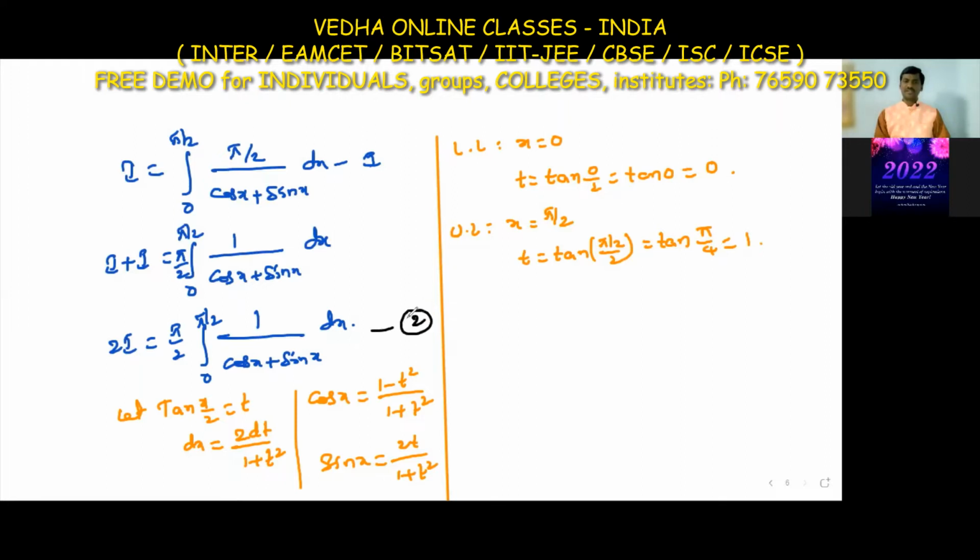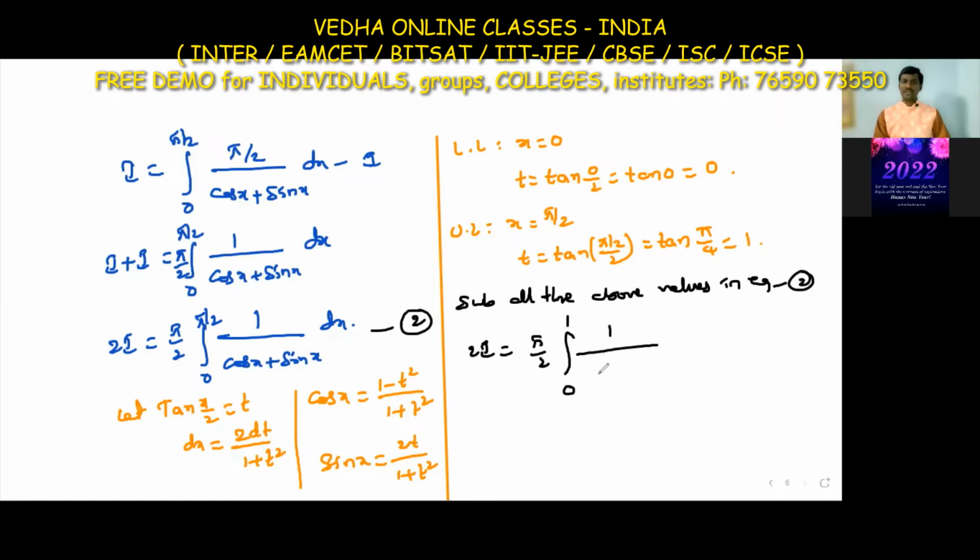Okay, so in equation 2, substituting all the above values in equation number 2, then what we get here: 2I is equal to pi by 2 coefficient as it is, integral of 0 to 1, and 1 divided by cos x replaced with (1 minus t square) divided by (1 plus t square), plus sin x is 2t divided by (1 plus t square), and dt.